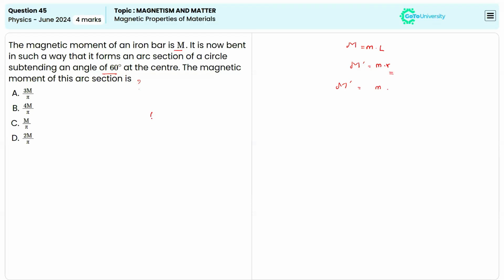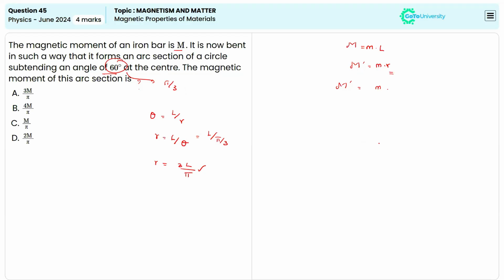But it's known that the angular displacement theta equals L divided by r. So r equals L divided by theta. The angle given in the question is 60 degrees, which is equal to pi over 3. So we can write this as L divided by pi over 3, so r will be equal to 3L divided by pi.